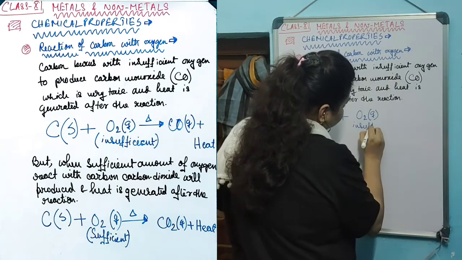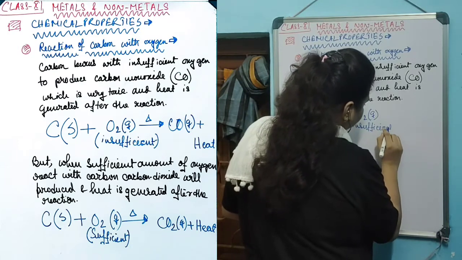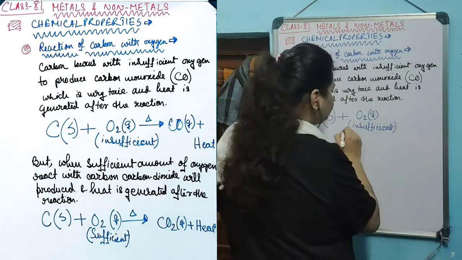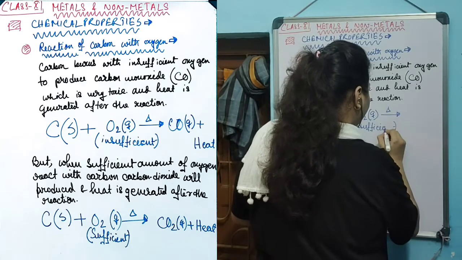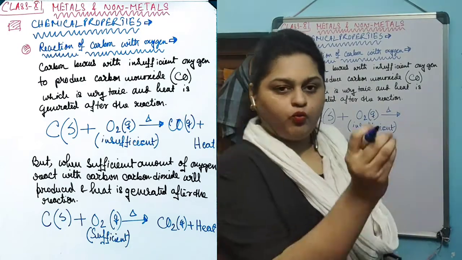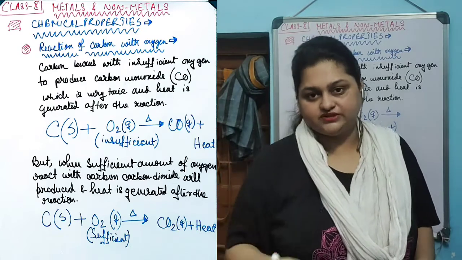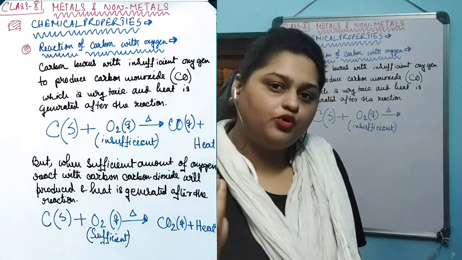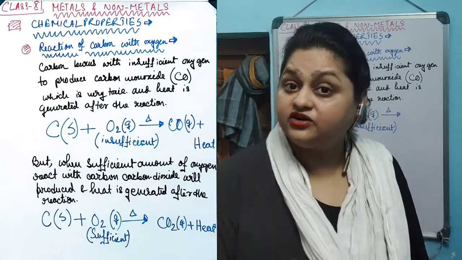Insufficient means: when a chemical reaction occurs by the reaction of one reactant with another reactant and produces a certain product, both the reactants are needed in a certain amount to react with each other.